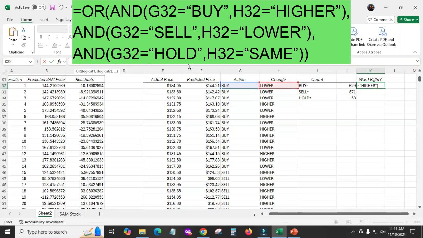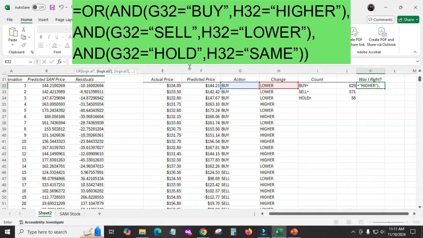I want that to be true. I know it's not true. I can see it says buy and lower, but as true statements go, if G32 equals buy and H32 equals higher, then it would be a true statement. So that's the first of our true statements.